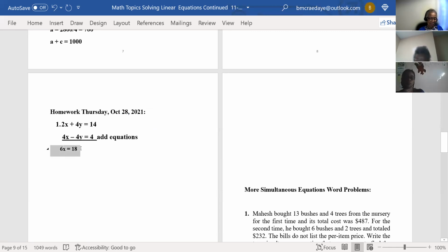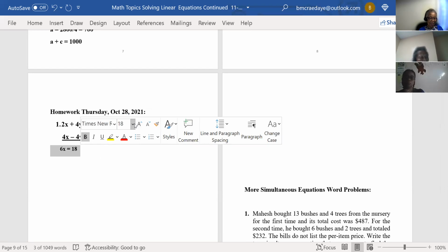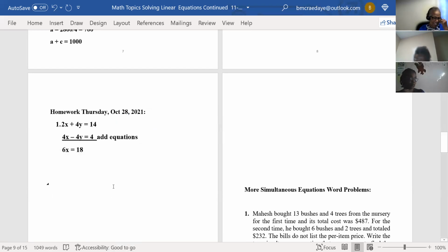That's right, 18 divided by 6. Totally, elimination method is better. Especially this one, and you look for things like that to make your work easier, where you don't have to do anything to just add the equations. So x equal 18 divided by 6 equal 3.